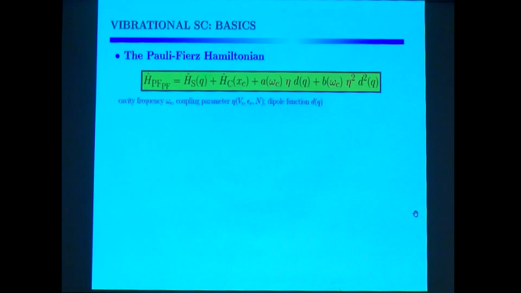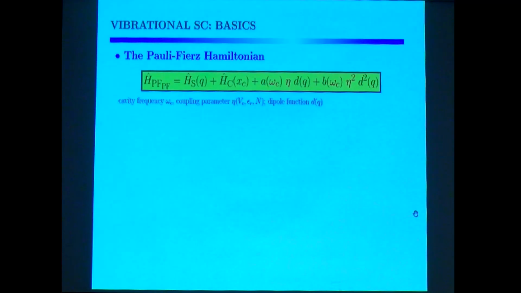And so we treat these processes using a quantum electrodynamical extension of the normal Hamiltonian for a vibrating molecule, for example. This is called the Pauli-Fierz Hamiltonian. It consists of the system part, so this is just a Morse oscillator of a diatomic molecule, say.